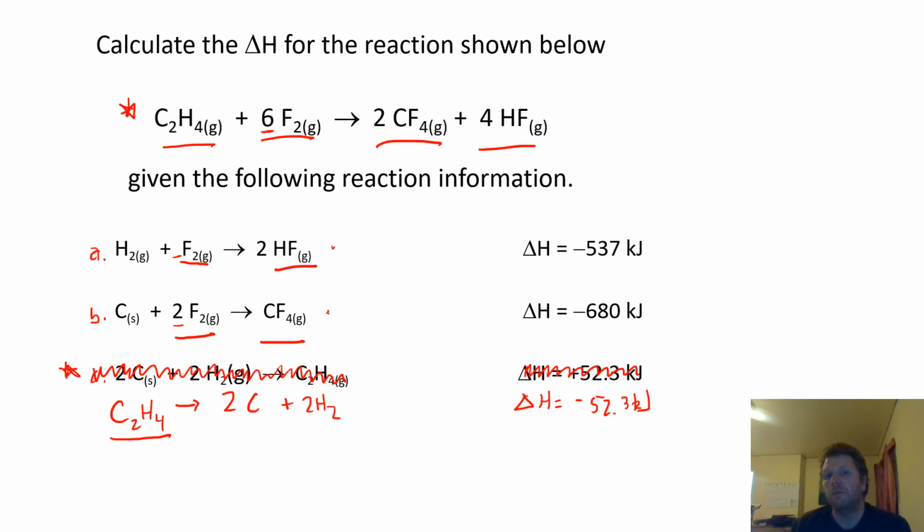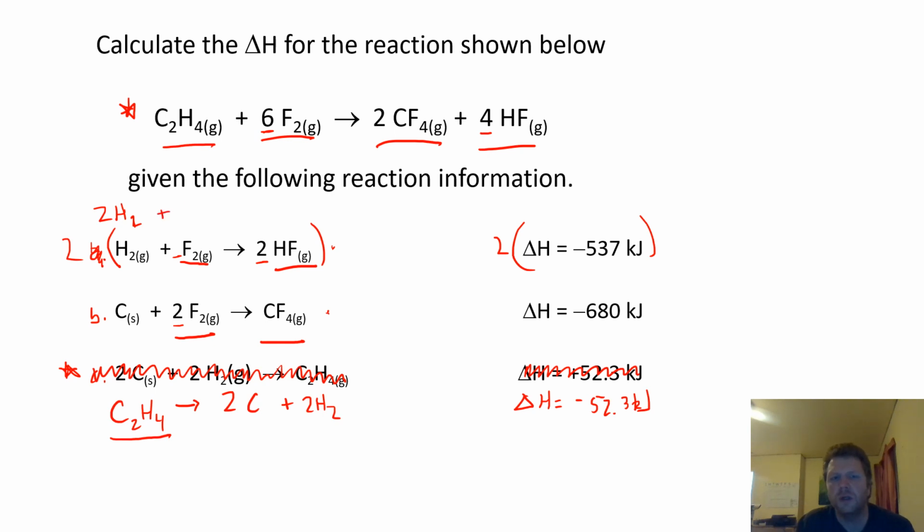So the question becomes, what should I double, or what should I triple, or anything like that? Well, let's look at my other products. I've got HF, and I need to have a 4 in front of that. So 2HF. What I can do is take my reaction that I've labeled A and take the delta H of it and multiply it by 2, because that just doubles everything.